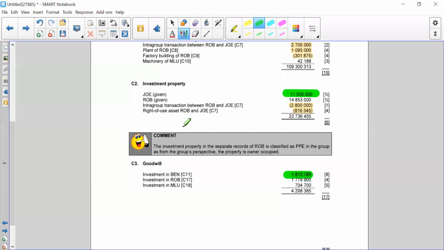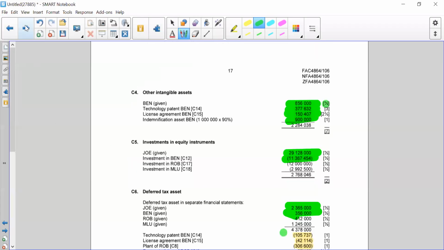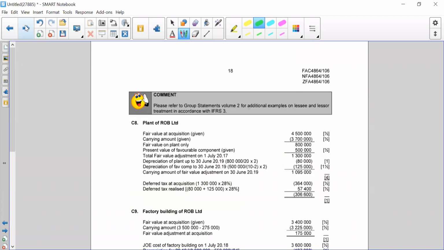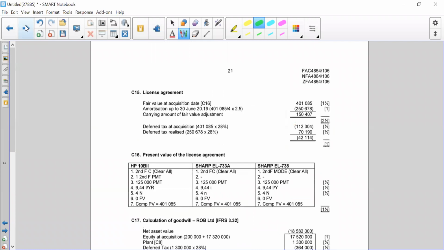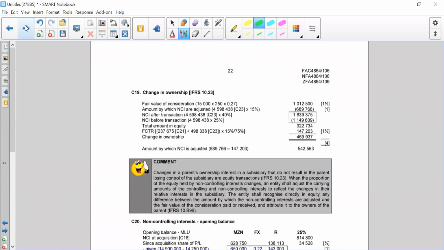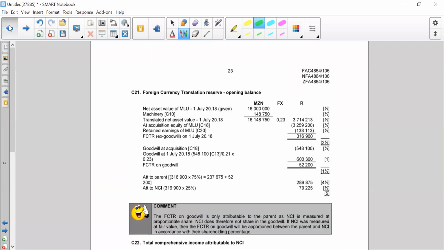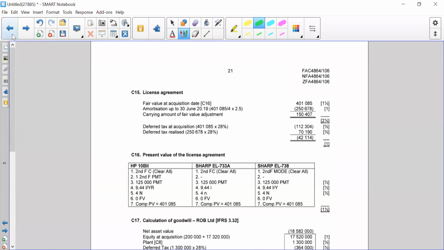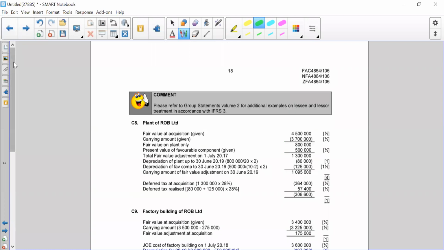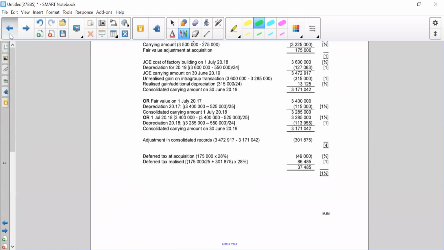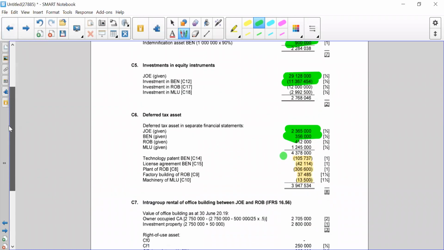Okay, so if we go check our solution, lines of Rob, where's the deferred tax? Here we go.